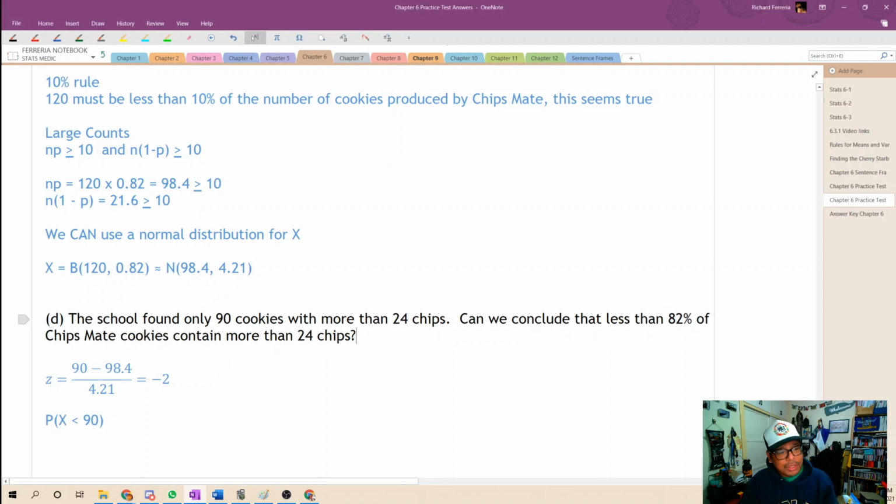That gives us a z-score of -2. So the probability that the number of cookies with more than 24 chips is less than 90 is equivalent to asking what's the probability on a z-curve that this z-score is less than -2.